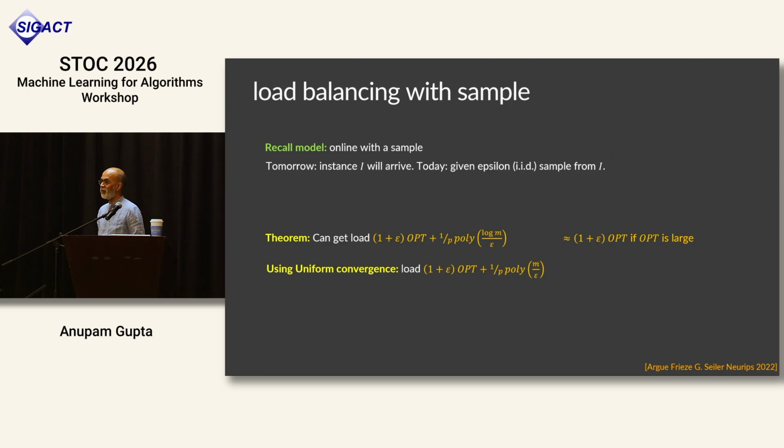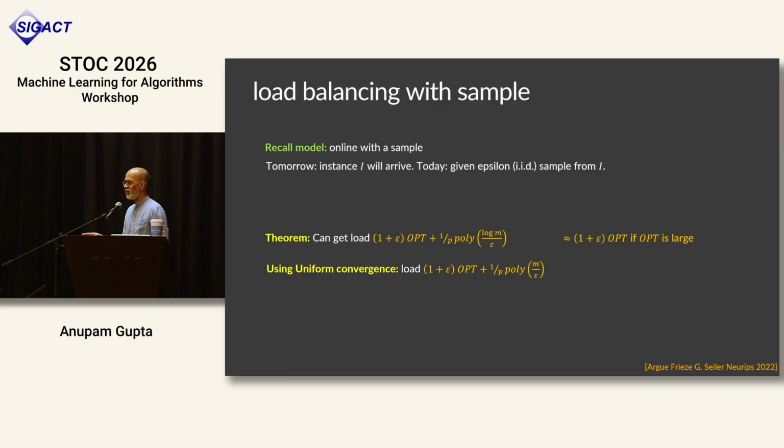Just repeat the same instance many times. Yeah, that's one way of getting it right there. Though, of course, if the sample is like 1% of the data, it's not as simple, because if you want to not see one piece, that piece has to be really tiny, like a constant size, and then it's not interesting. But I'll try to pin down the lower bounds after. It's been some time.